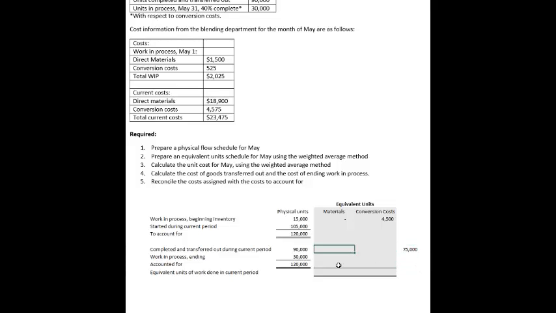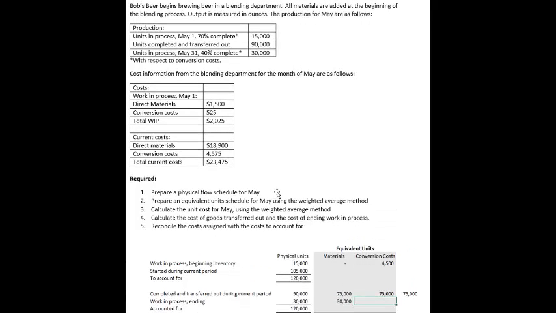So that means that the materials are 75,000 ounces equivalent units, because all the materials are added at the beginning, and the conversion cost is also 75,000 ounces because they're all completed. Then at the end of the month, we have 30,000 ounces sitting there, but remember, all of the materials are added at the beginning, so we add 30,000, but the conversion costs are not all added at the beginning.